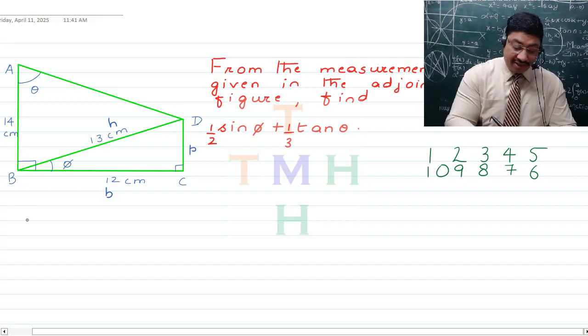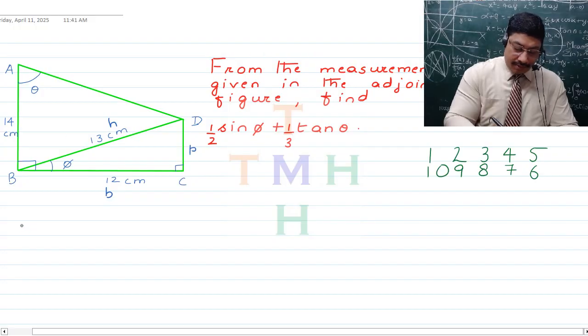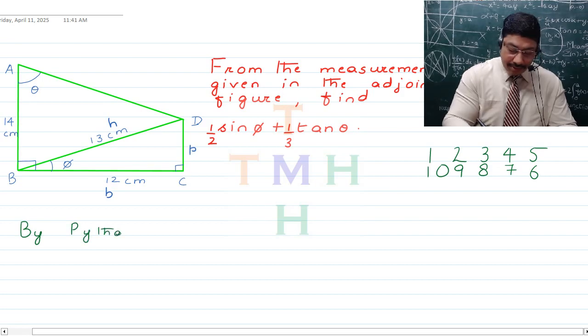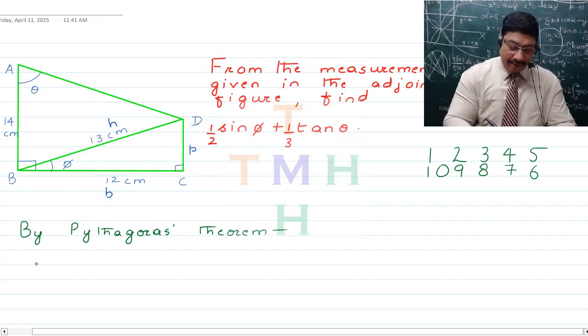So first what we'll do is we will say that by Pythagoras theorem, we have hypotenuse square equal to the sum of the squares of the perpendicular and the base.